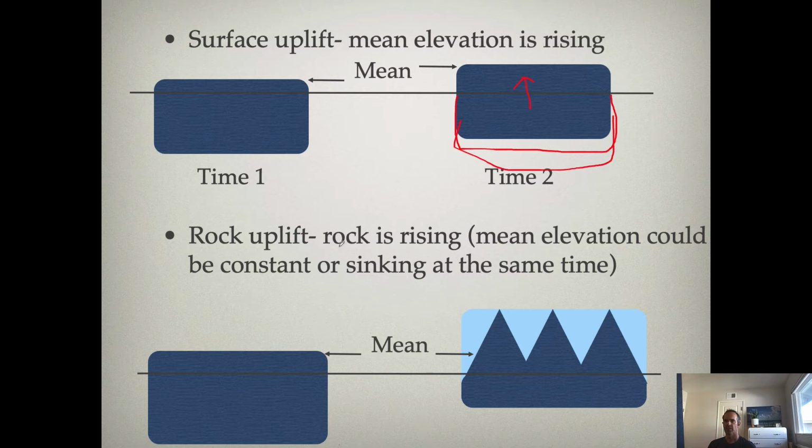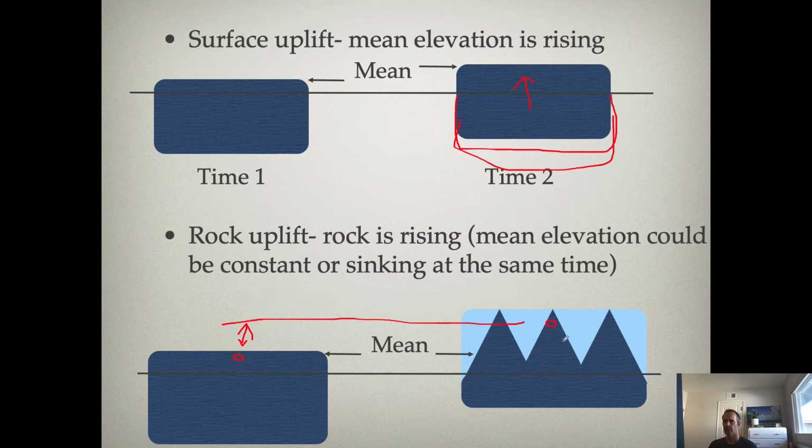Rock uplift is referring to a piece of rock. So if I were to imagine just one little piece of rock here, there it is at time 1, and there it is at time 2. So the elevation of that little piece of rock has changed. But the mean elevation, the average elevation across the entire mountain range, doesn't necessarily need to change.